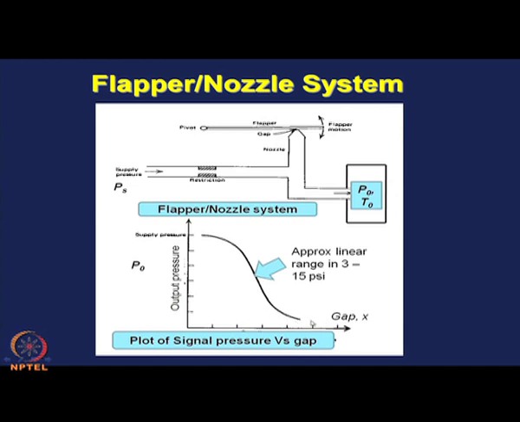So, it will become almost constant, but it has a linear part, which is this part, and it is approximately linear in the range of 3 to 15 psi. Flapper nozzle system has an important application in converting the current signal to pressure signal.